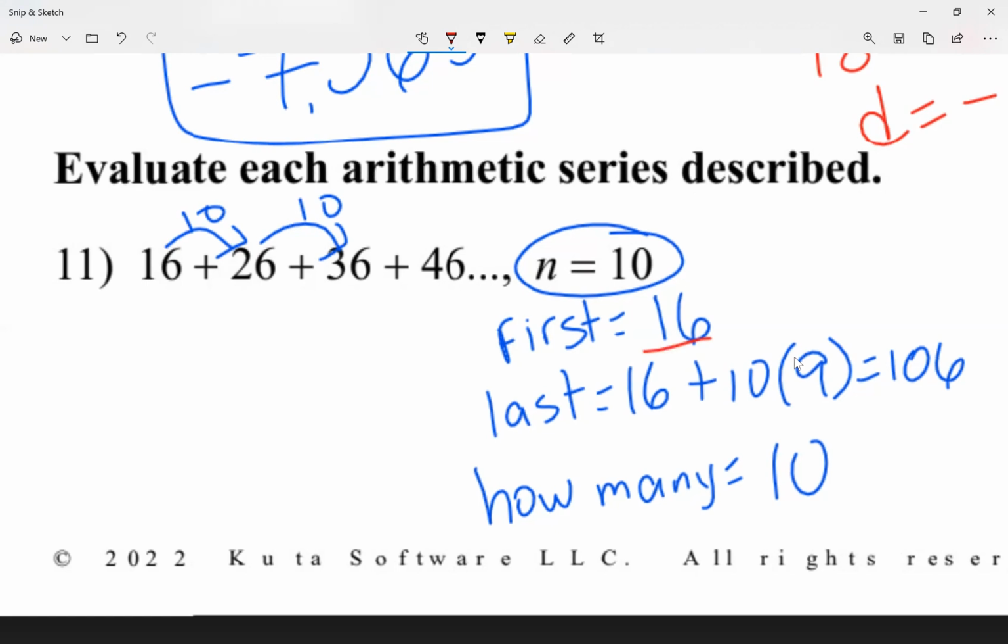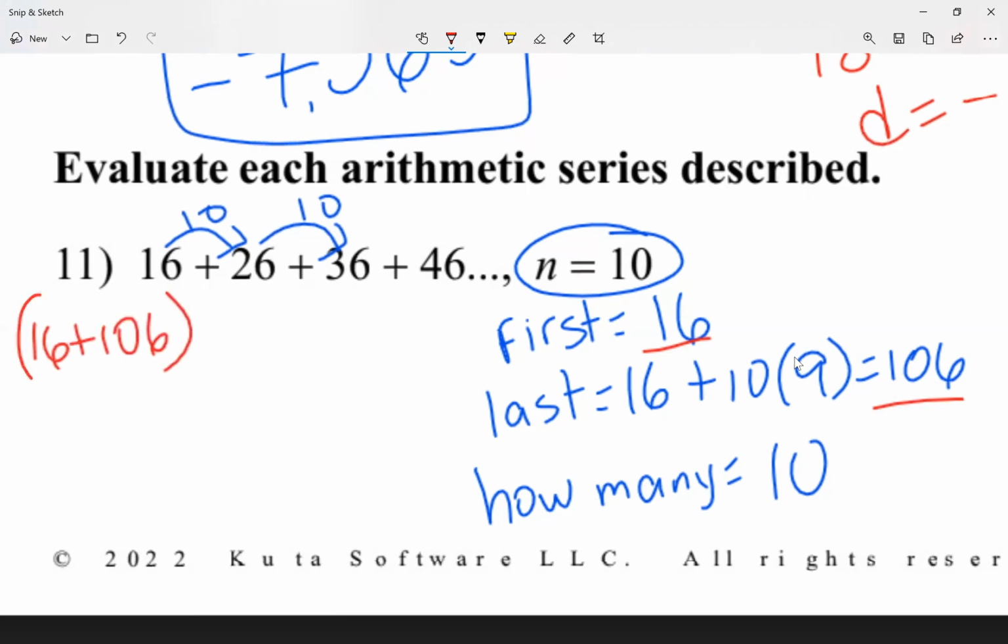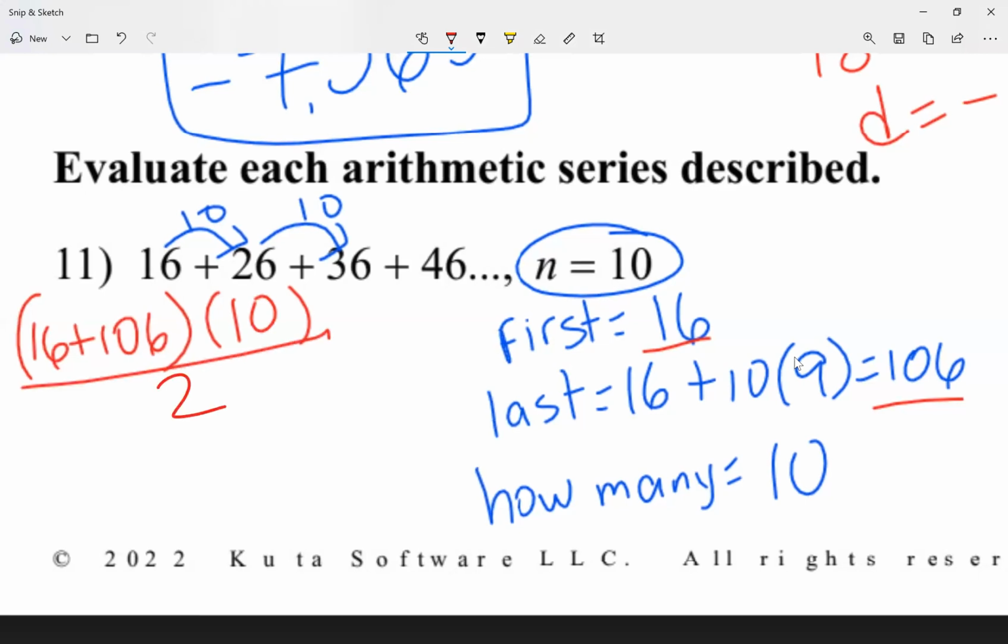So 16 plus 106. As a matter of fact, let me write this down. 16 plus 106. He added the first number and the last number. And then he multiplied this by how many numbers he was adding, in this case 10. And then we divide our result by 2.